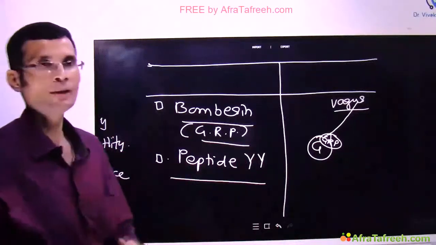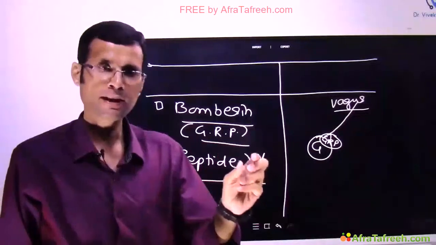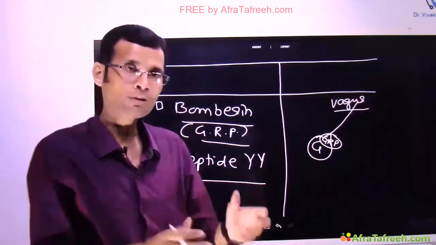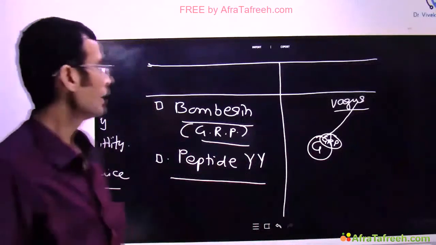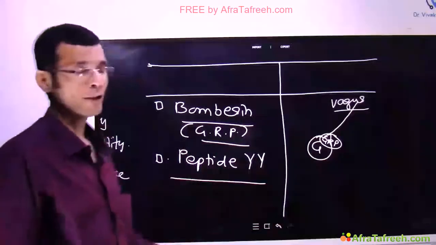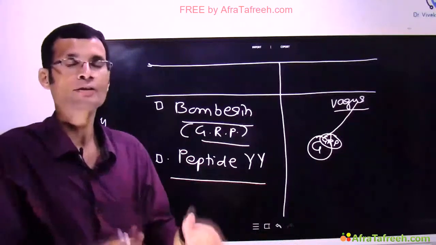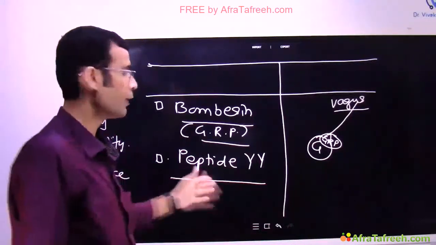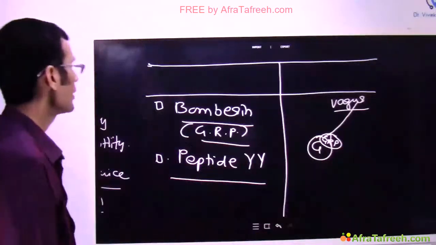We know that amino acids, each one of them has been given a single letter code. So tyrosine has the code Y. And therefore this peptide is called peptide YY because it has two adjacent tyrosine residues. It's also called peptide tyrosine tyrosine.